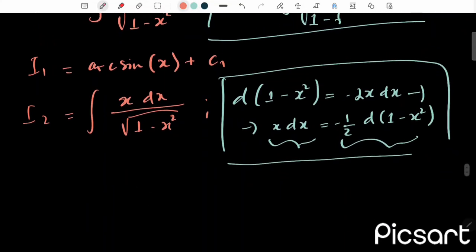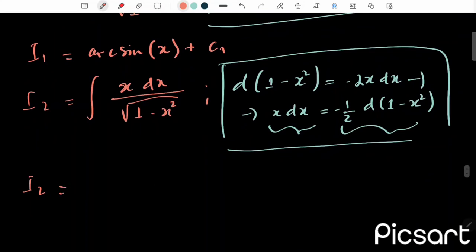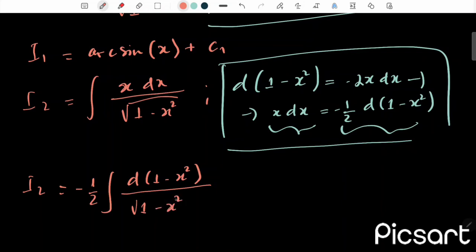We have now I2 equal to minus 1 over 2 times the integral of d(1 minus x squared) over the square root of 1 minus x squared.